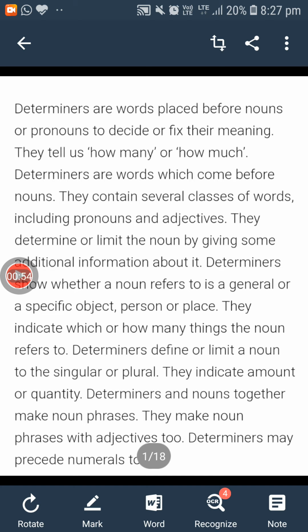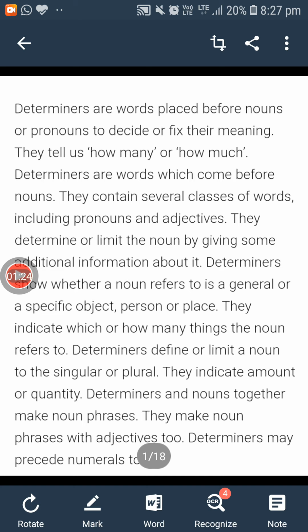First of all, on your screen you can see the definition of determiners. I'm not going to read it for you, but I'll tell you in my words that determiners are those words that are prefixed before nouns to determine their meaning. They modify it in some other manner. They determine or limit the noun by giving some additional information about it.